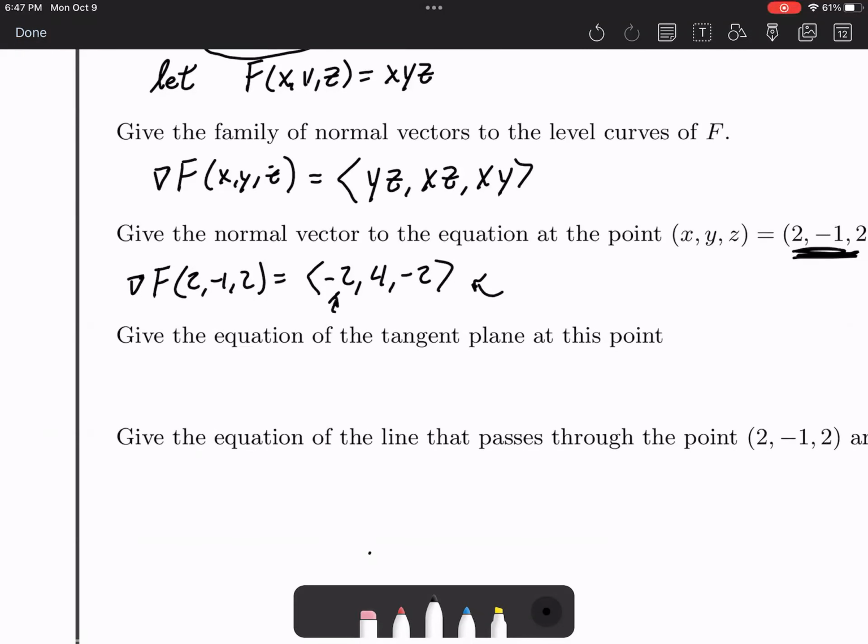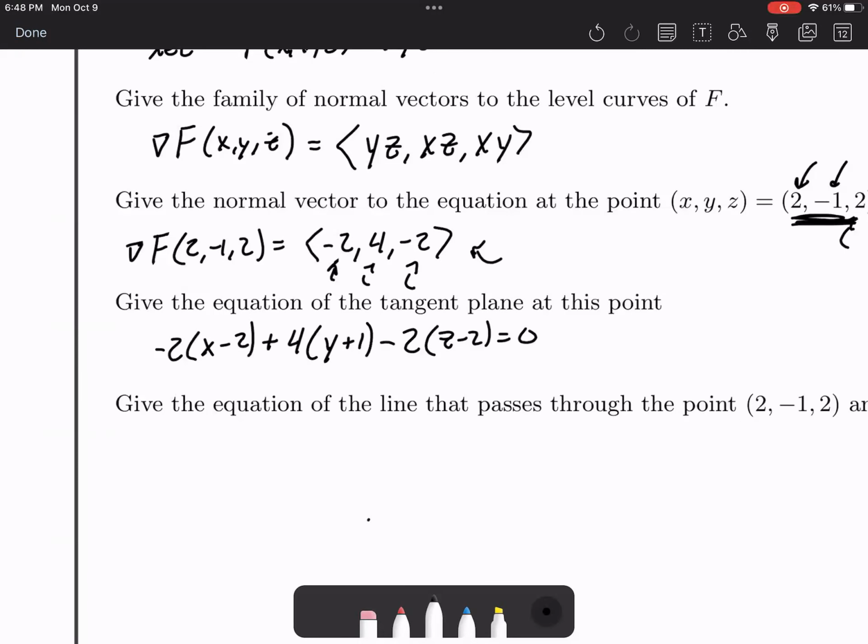It's the x component of the normal vector times x minus the x of the point, which is 2, plus the y component of the normal vector times y minus the y component of the point, -1, plus the z component of the normal vector times z minus the z coordinate of the point. Okay, so that's the equation of the plane. You can clean this up a little bit, move your constants to the other side. You end up with -2x plus 4y minus 2z is equal to -12.